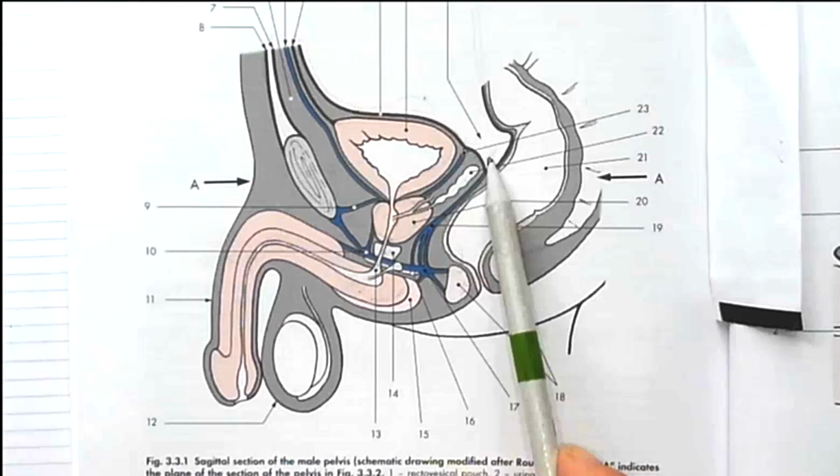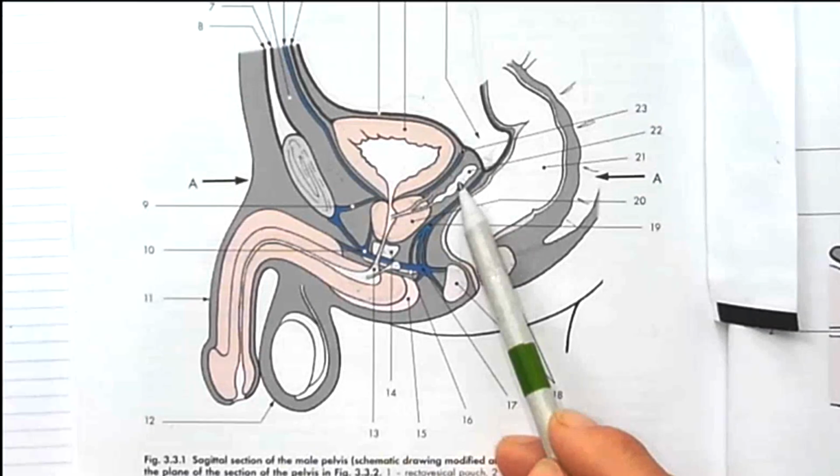Then the space which lies behind the pubic symphysis. This is the retropubic or pre-vesical space. Then we see the space behind the bladder. This is the retrovesical, where we see also some ligamentous systems and also the connective tissue, then the seminal vesicles.